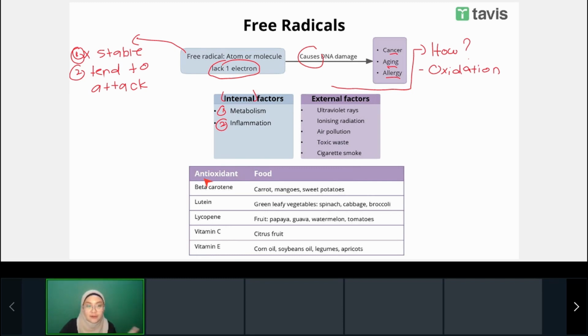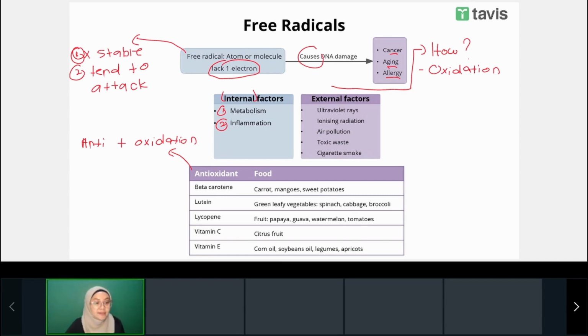Okay. Now, let's see the substance over here, the antioxidant. Just now we learned about free radicals. We also learned about oxidation, the factors affecting oxidation, and the antioxidant. What is an antioxidant? An antioxidant is a chemical substance that is anti-oxidation.